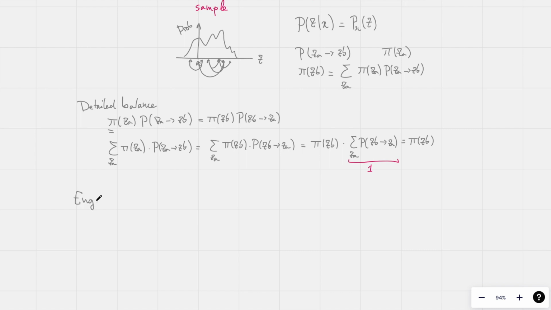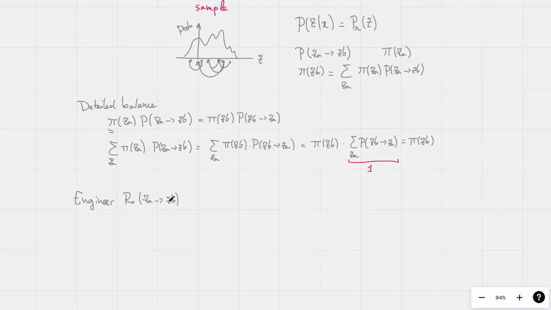A distribution here that we write R0 from ZA to ZB. And this is something that we assume we can sample from. So this is something that will allow us, given that we have a particular value in ZA, to propose to make a jump to any other value ZB that we could take.